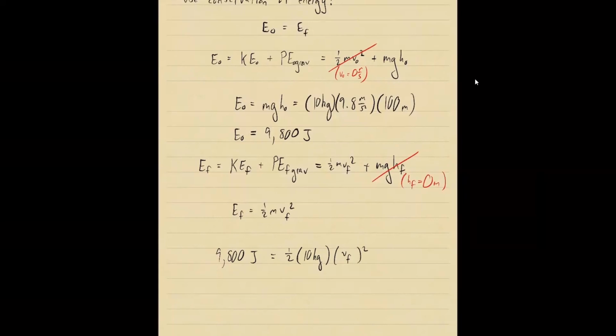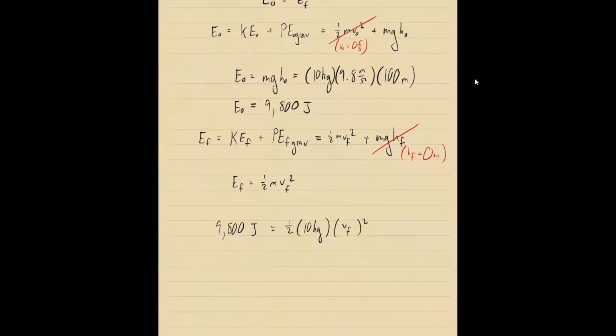So if I multiply both sides by 2 and divide both sides by 10, we get a final velocity of our ball squared that's going to be equal to 1,960 meters squared per second squared.